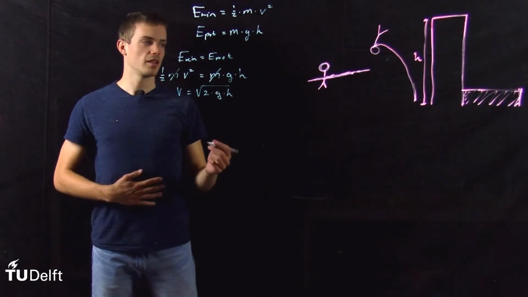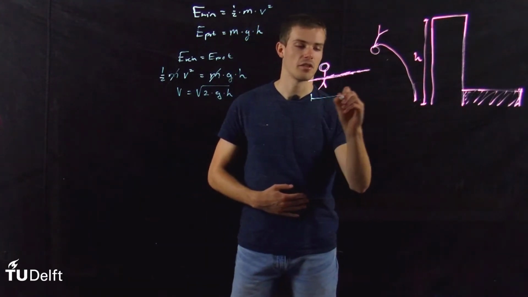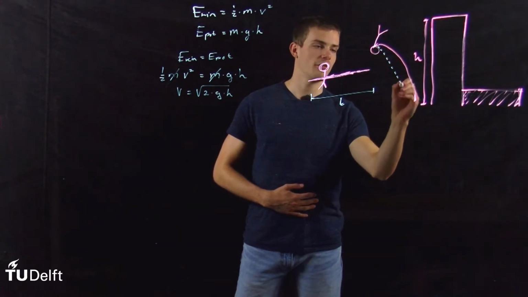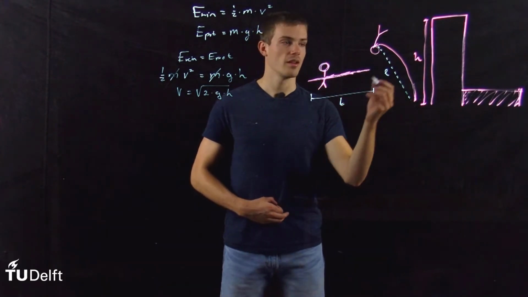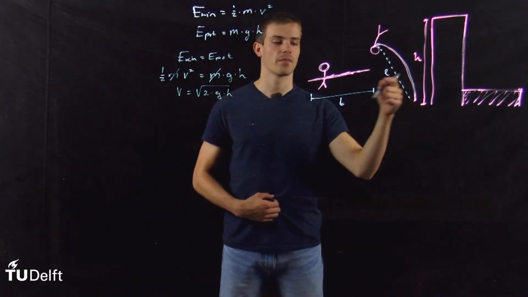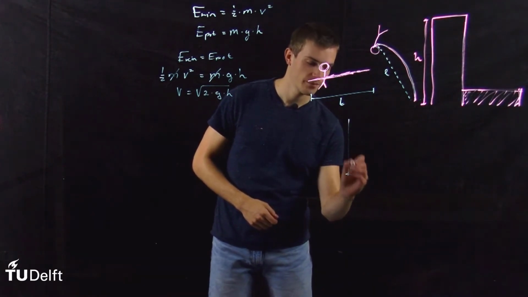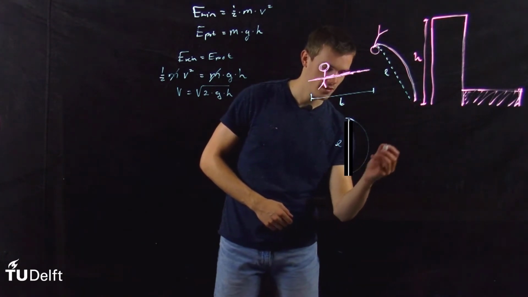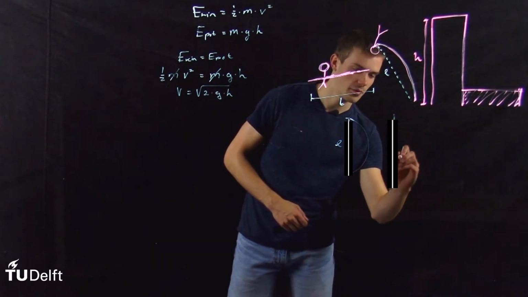We can see that as a spring. This will have the length L, and at this point, the effective length of the pole is shorter than the large L, because this is the total length of L. We can also visualize it a bit better: this is equal to L, and this is the length of l.